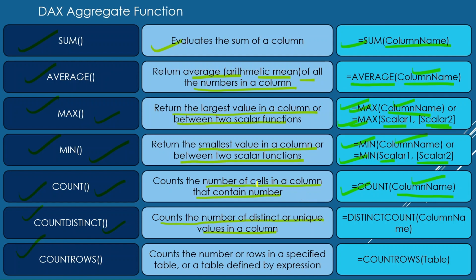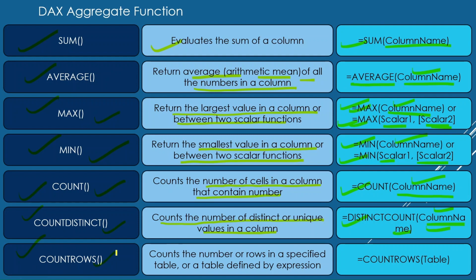Then we can use the distinct count function. So this is the signature of count, and this is the signature of distinct count. It takes the column name. When Power BI encounters this column name, it will calculate the distinct count of records present in this column.